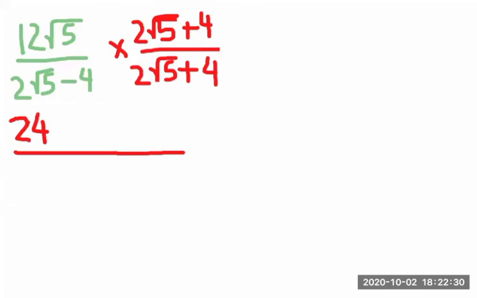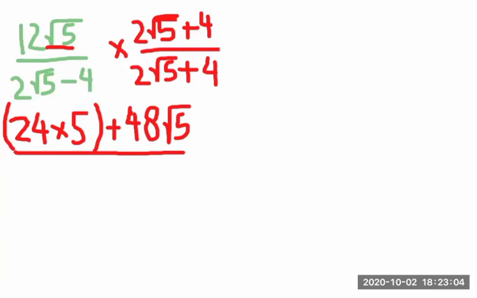The under root 5 and under root 5 will get multiplied, giving 24 under root 25 plus 4, so that can become 5. And you will multiply the 4 with 12 under root 5. So 4 times 12 becomes 48 under root 5. Then 4 times 4 under root 5 gives minus 16.